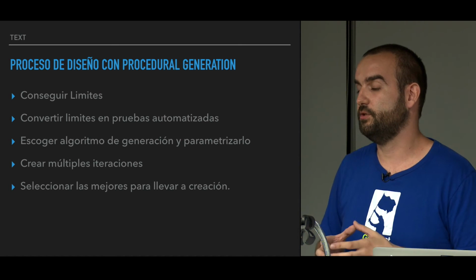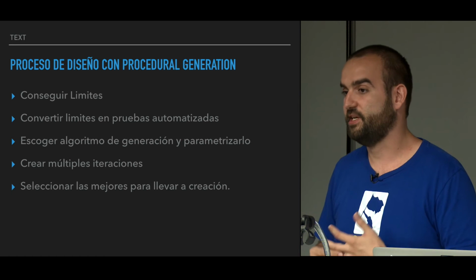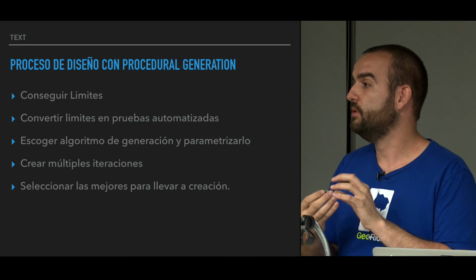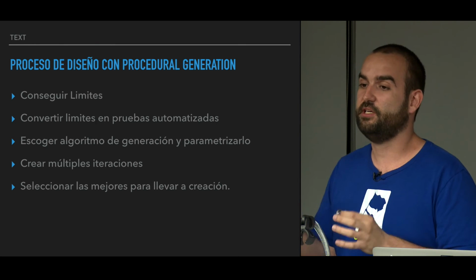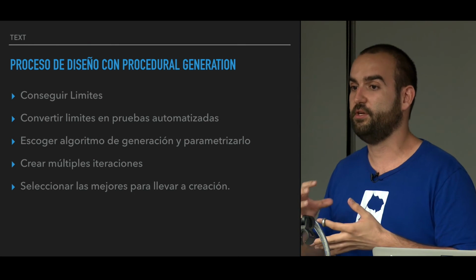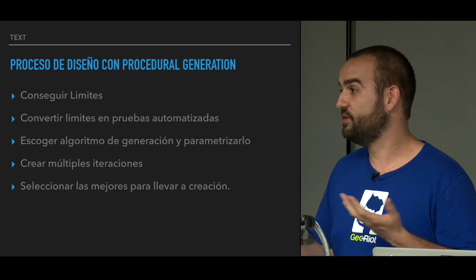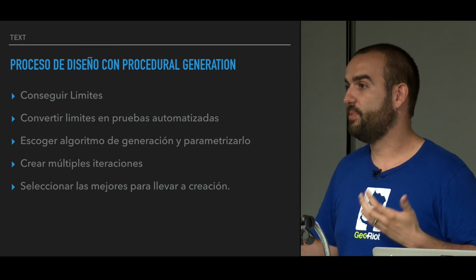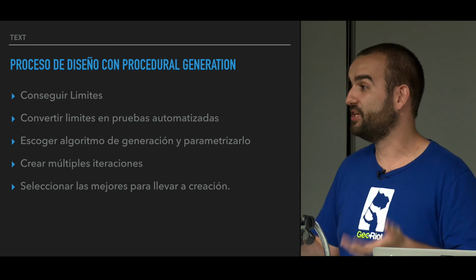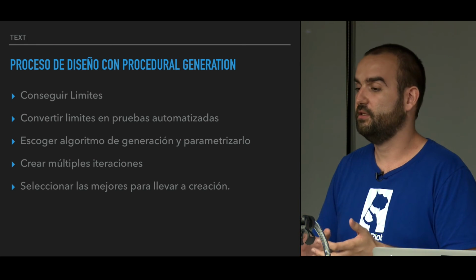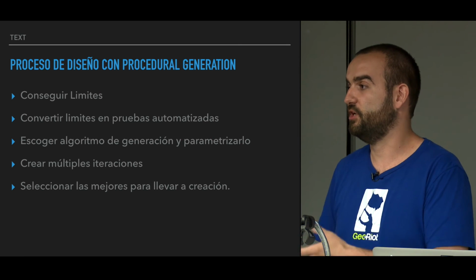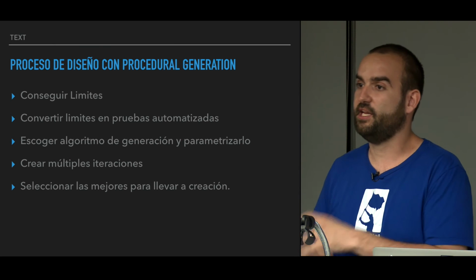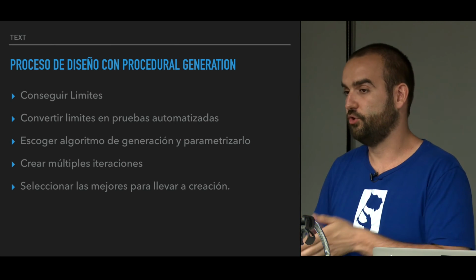So if you're trying to make, let's say, a ring, you know you need the space for the ring, and then you want to let the algorithm be as free as it can, because once you have a good algorithm, it's going to come out with possibilities that you haven't even thought about. Once you get there, you look at the possibilities, and see if there's a good candidate. That might just be the idea you want to start from and try to get to through a different way. But the idea is that you can get inspiration from it and shorten your design path.